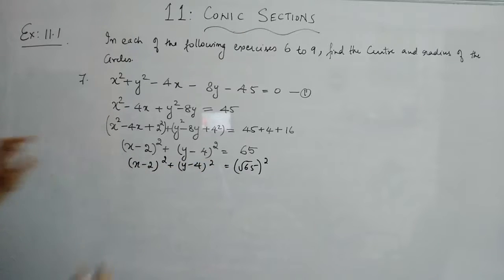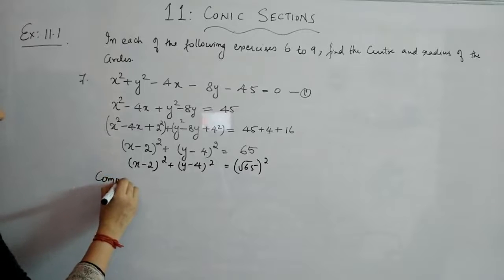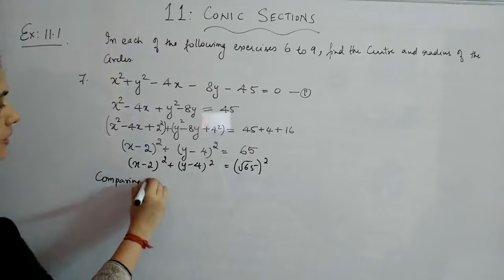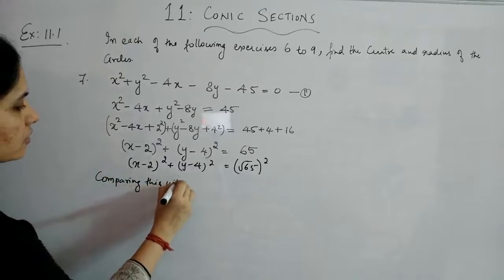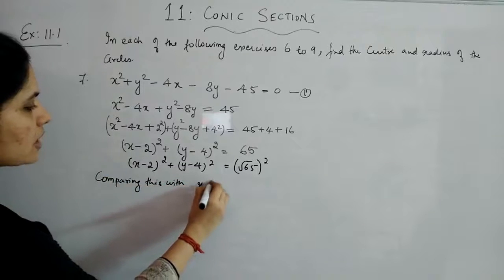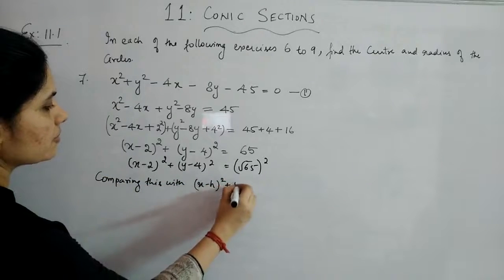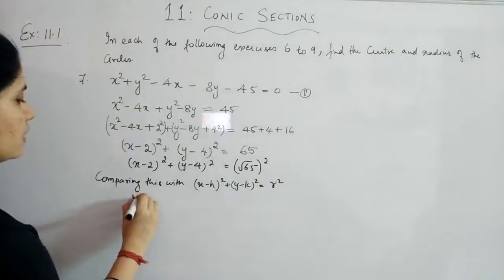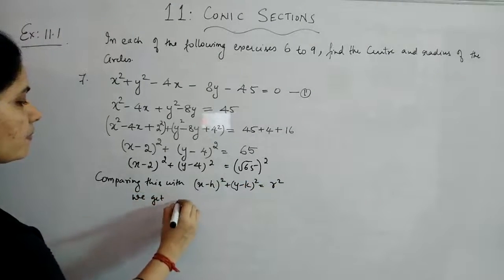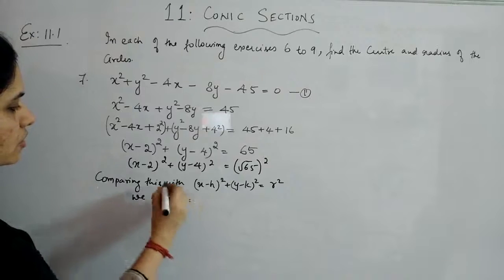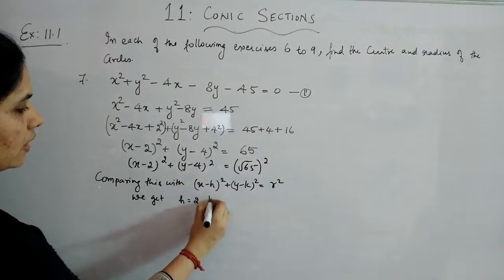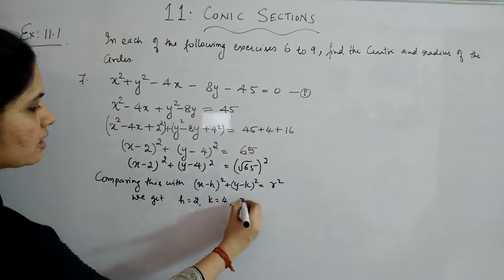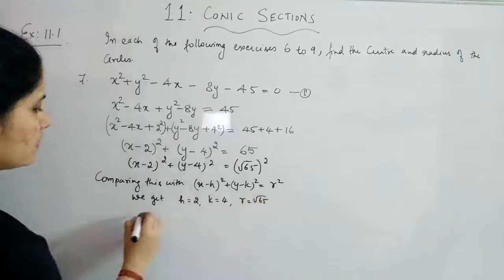Now you can compare this with the standard form. Comparing this with the standard form, x minus h the whole square plus y minus k the whole square equal to r square, we get h is equal to 2, k is equal to 4, and r is equal to root 65.